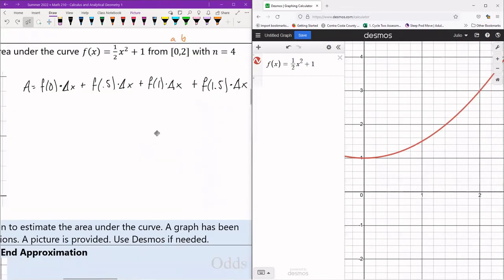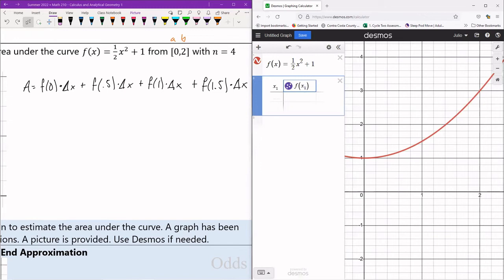But now what I'm going to do is use this to find these values, okay? So in the second box down, I'm going to hit this plus that's right here, and I'm going to go to table. And it's going to give me an x1, y1, okay? I'm going to change the y1 to f of x underscore 1.